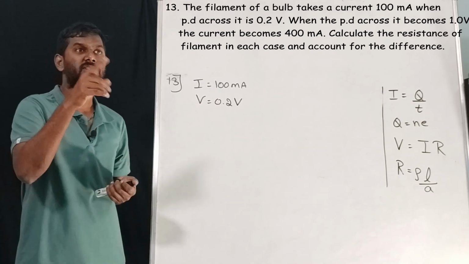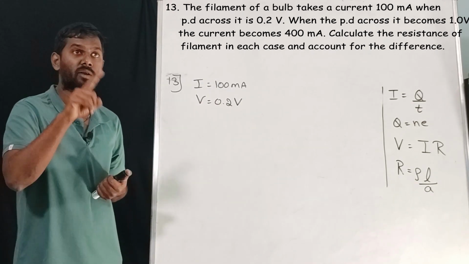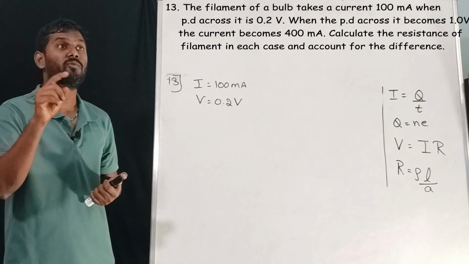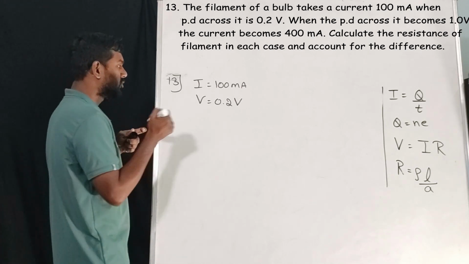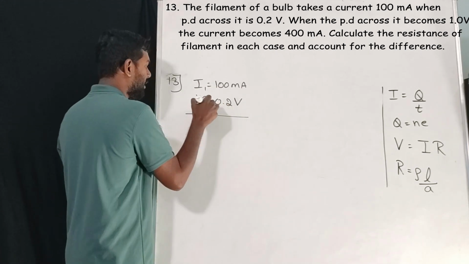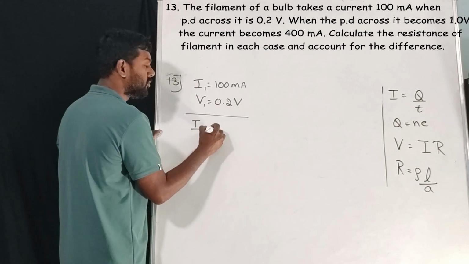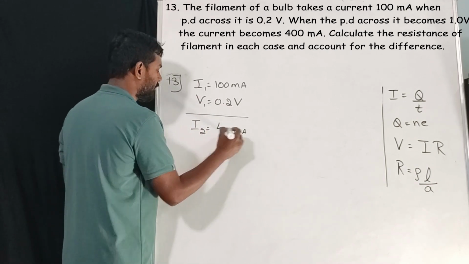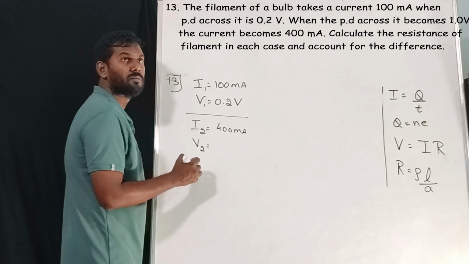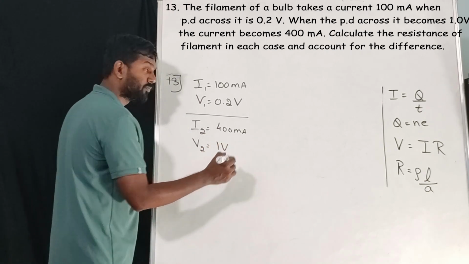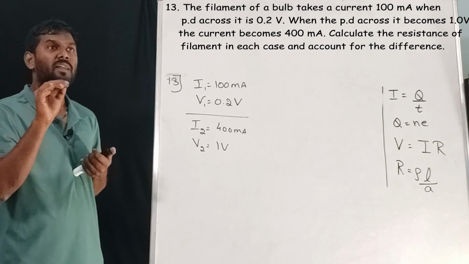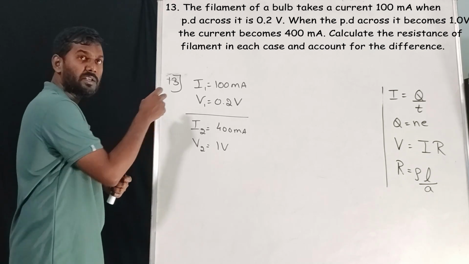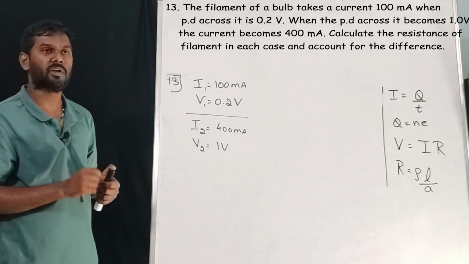Next, the potential difference across it becomes 1 volt and the current becomes 400 milliamperes. So we have two cases, right? We'll take I1, V1, and I2 will become 400 milliamps and the voltage will become 1 volt. Now calculate the resistance of the filament in each case and account for the difference.